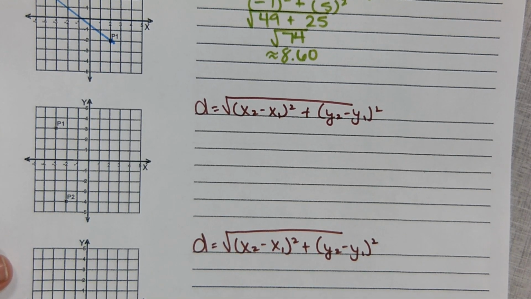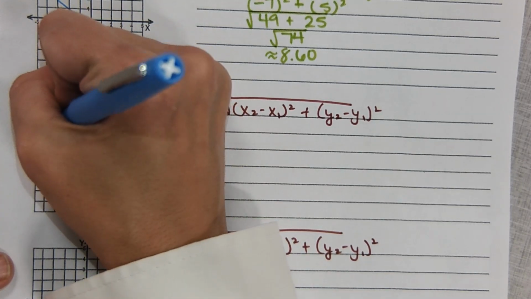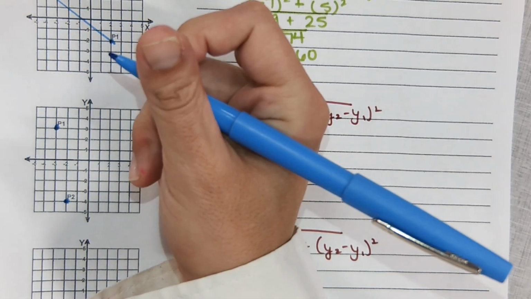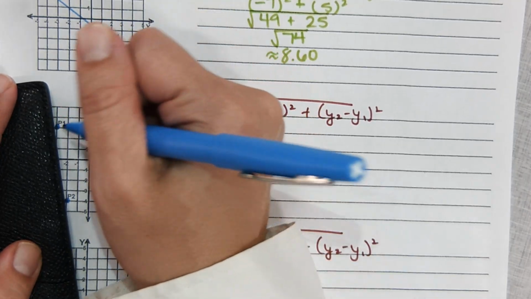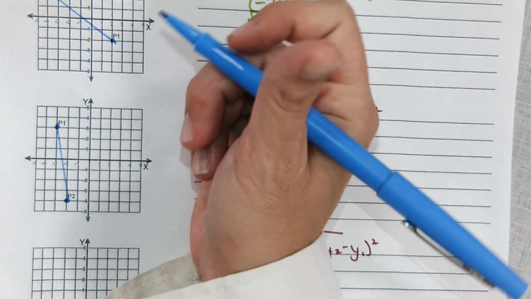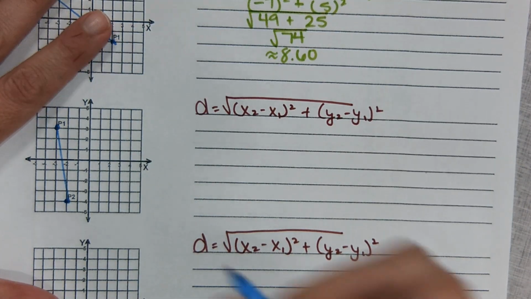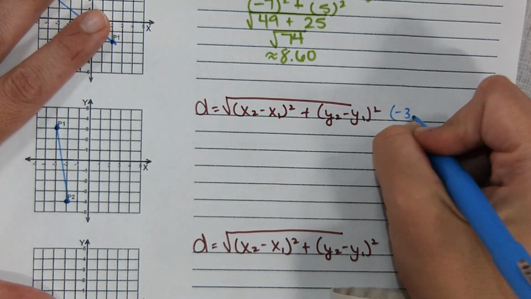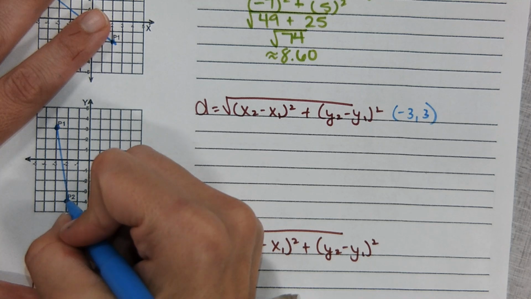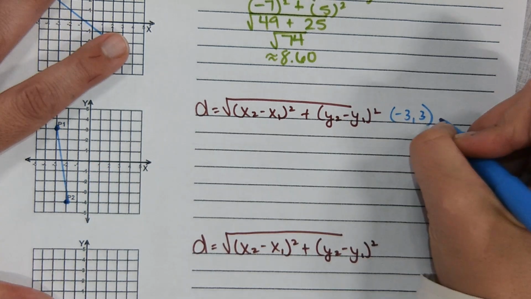Okay. Next one, same process. Point 1, point 2. Connect the dots. Point 1 is (1, -3, 3)? Point 1 is at 1, 3, and point 2 is at -2, -4.